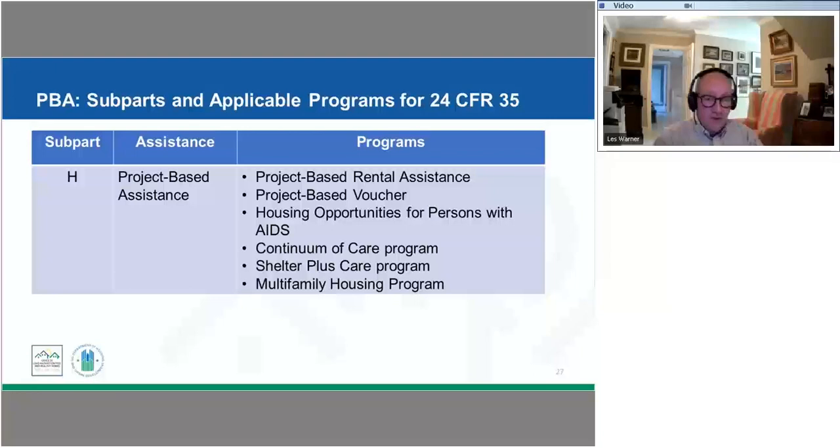Now, I will mention that in some communities, some states, they have adopted some separate standards that are specific to that area. So you also would need to be aware of whether you perhaps locally have adopted some additional standards that would apply for those privately held units that are without assistance.